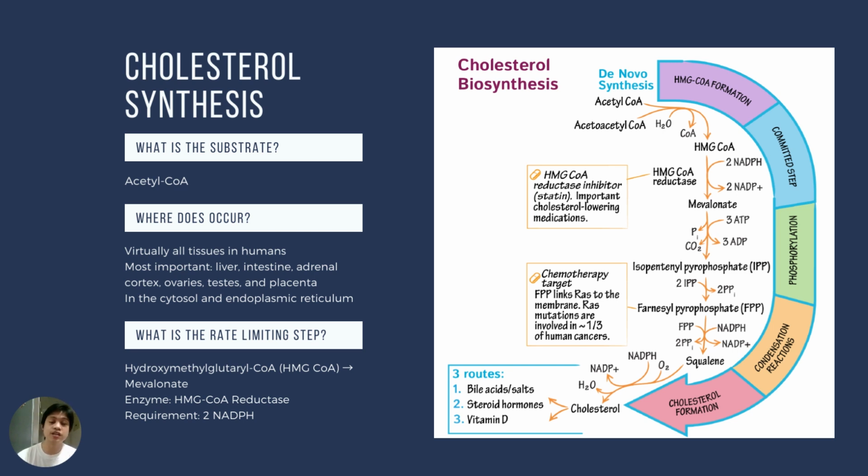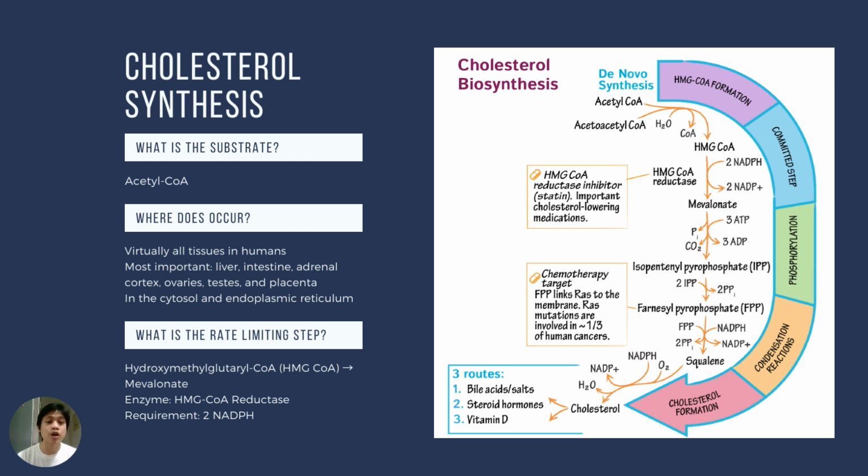What is the rate limiting step, or what is the slowest step? It's the conversion of HMG-CoA, hydroxy methyl glutaryl coenzyme A, into mevalonate via reduction. So what's the rate limiting step?